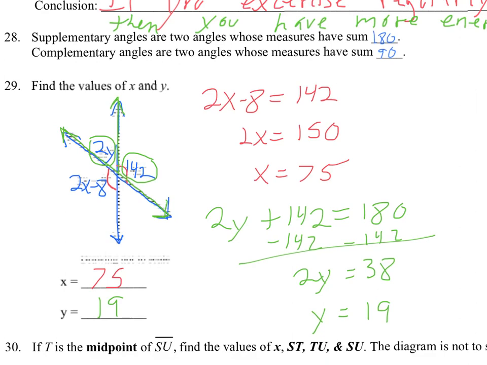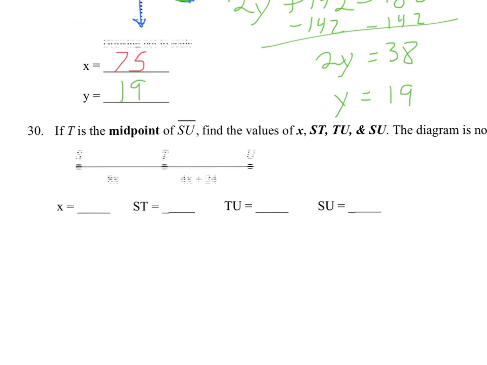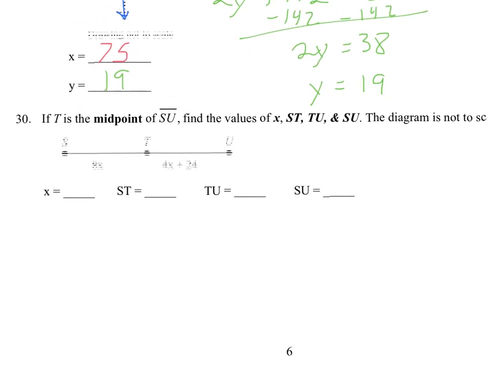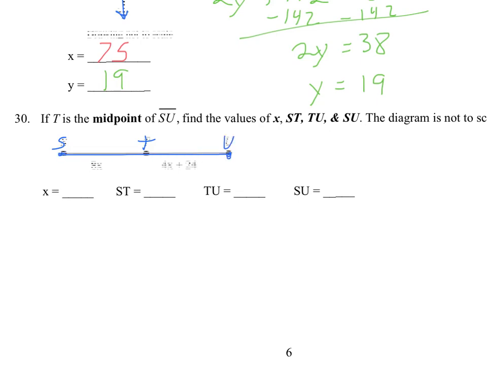Alright, let's look at the last question here. Again, I can't read this one very well, but we'll fill it in. So we have S here, T here, U here. Should be T. And we have 8x, and we have 4x plus 24.